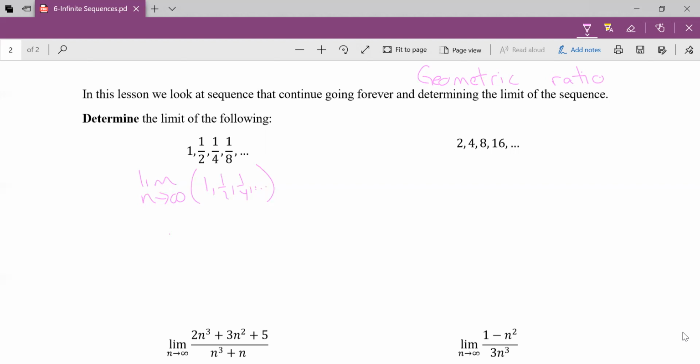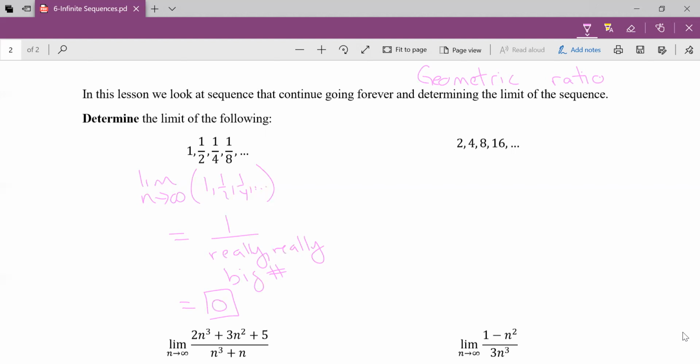It's going to approach 1 over a really, really big number. And 1 divided by a really big number is going to be 0. So the limit of this function will be 0.